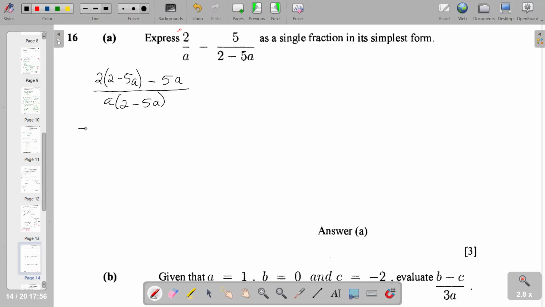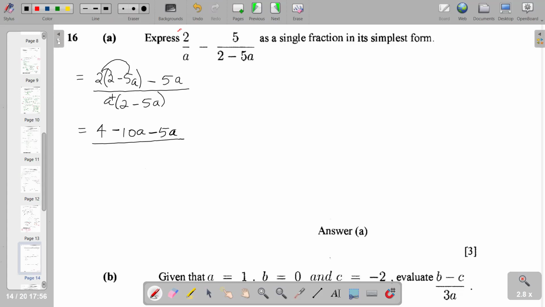Here we are going to have this one, when it multiplies this, is 4. This one, 2, when it multiplies this, it's going to be minus 10a. Then we have minus 5a all over this.